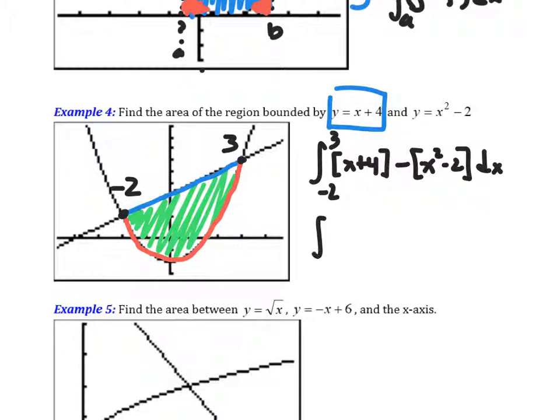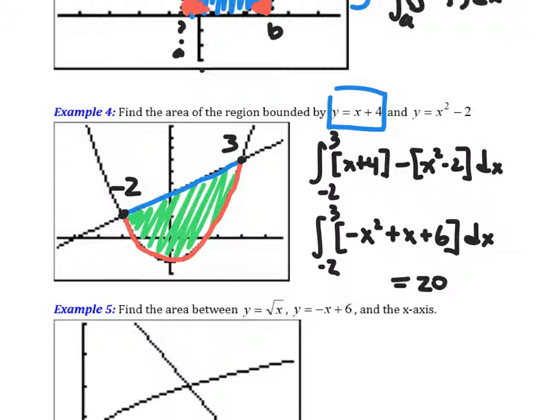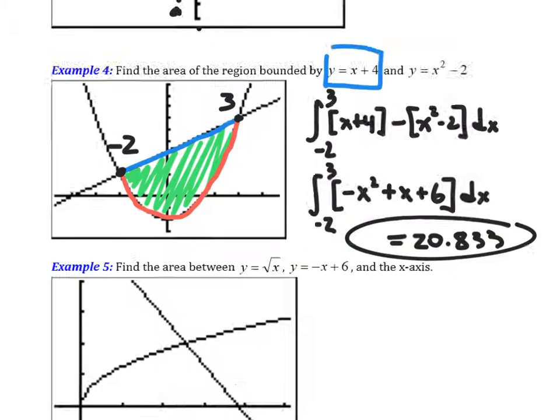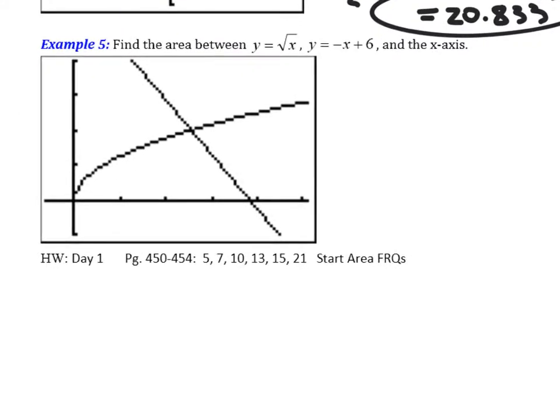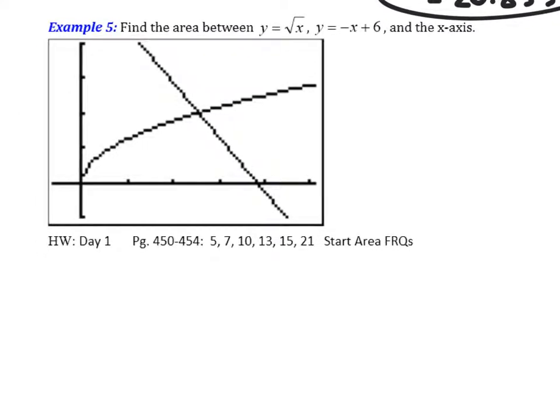I could simplify that, which would be negative x squared plus x plus 6 dx. And you can evaluate that. I did it on my calculator and it came out to be about 20.833.